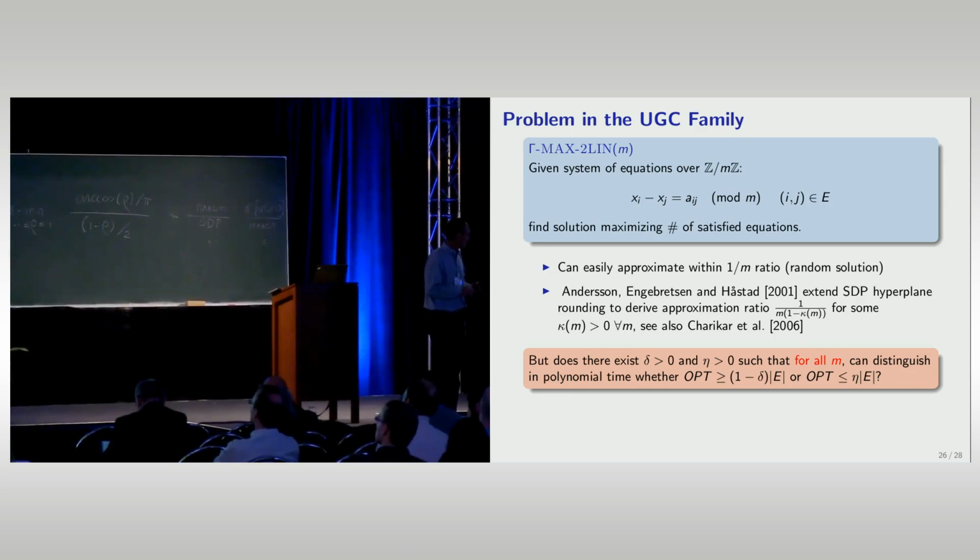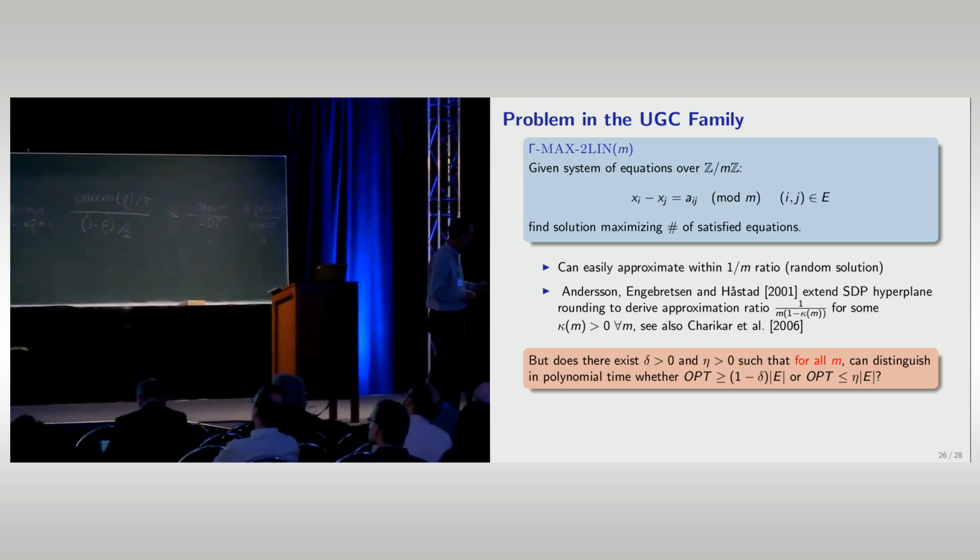But the question is the following. Is it true that there exists a delta and an epsilon, let's say 99% and 1%, so that you can distinguish between instances in which you have at least 99% or at most 1%? But I'd like that 99% and 1% not to depend on m. So the 1/m bound is too weak.